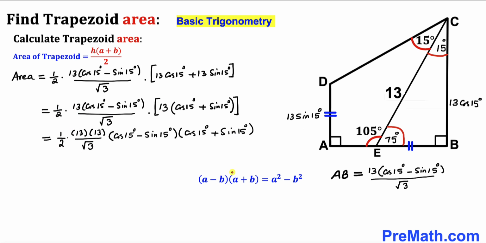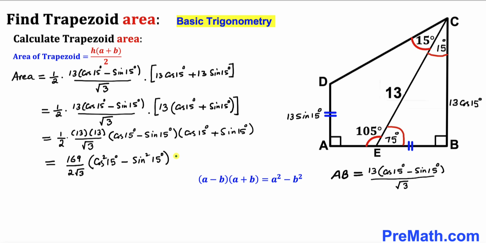And now let's recall this famous identity. A minus b times a plus b could be written as a square minus b square. And here if I call this lowercase a, this lowercase b, likewise lowercase a, and this lowercase b, then this whole thing could be written as cosine square of 15 degrees minus sine square of 15 degrees.